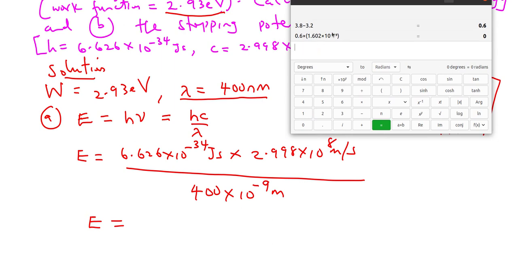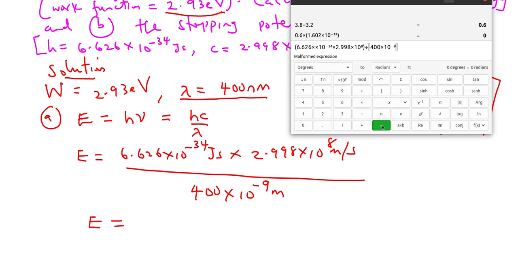Let's say the numerator is 6.626 times 10 raised to power minus 34, then multiplied by 2.998 times 10 raised to power 8, then divided by the denominator, which is 400 times 10 raised to power minus 9.